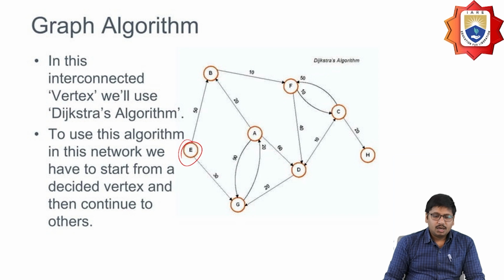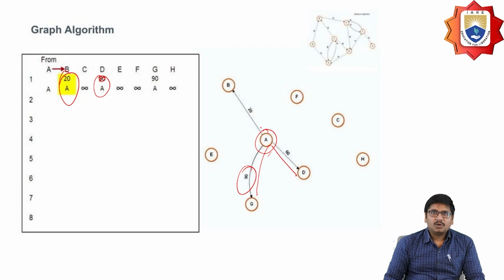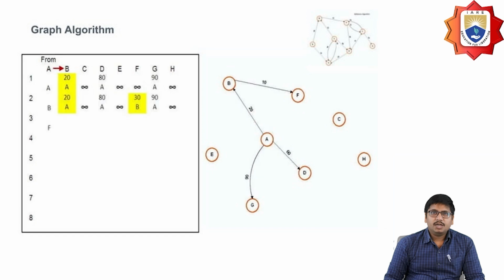So according to this algorithm, this is the graph of cities where the cost is associated with each edge. From this, I'm going to choose the shortest path from one city to all the other cities. In this case, first I have to find the cost from A to B, and then A to G. From B, I have to find it out.